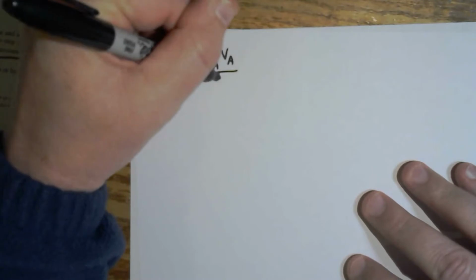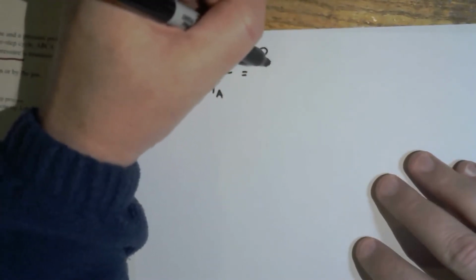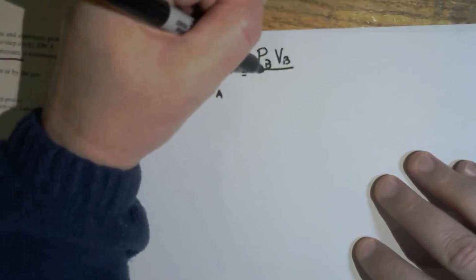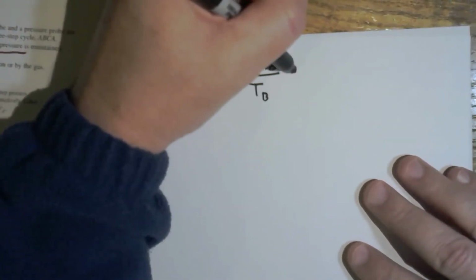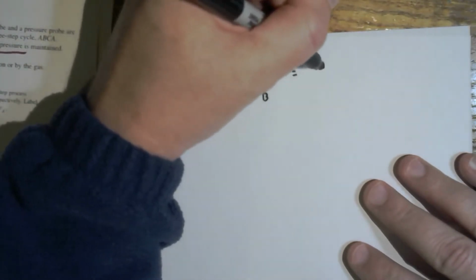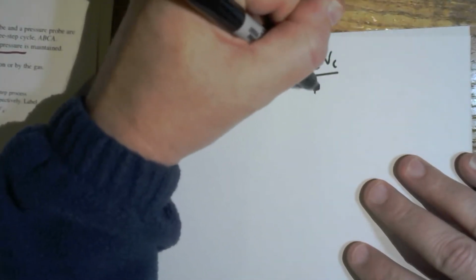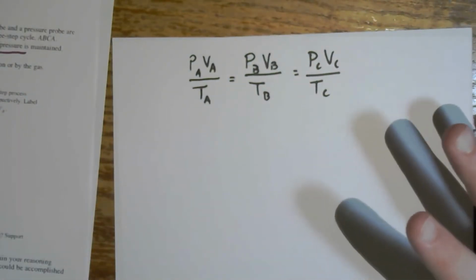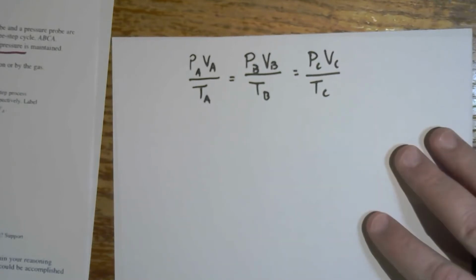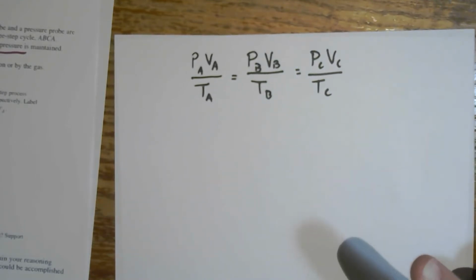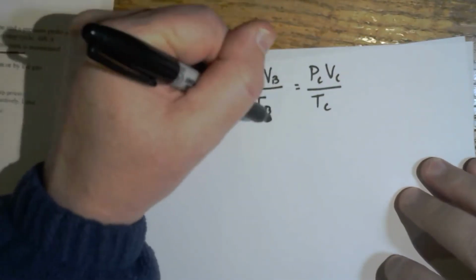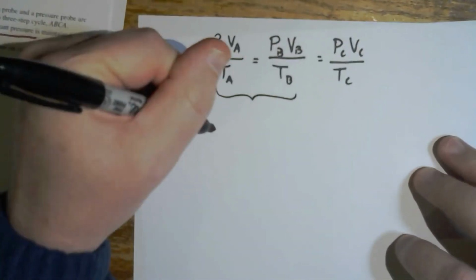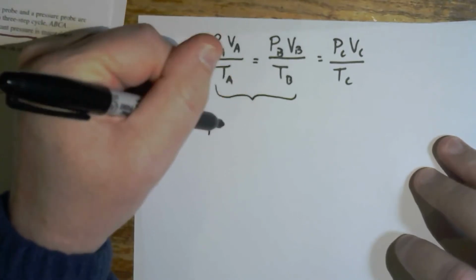Pressure at A, volume at A, over the temperature at A has to equal the pressure at B times the volume at B divided by the temperature of B, which is also equal to pressure of C, volume of C, over the temperature of C. All right, so from the given information, it tells us that the volume at B is going to be 1/4 the volume at A. So what I'm going to do is take these two statements and make that substitution for the volume at B.